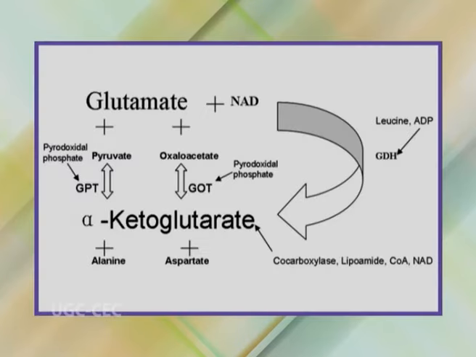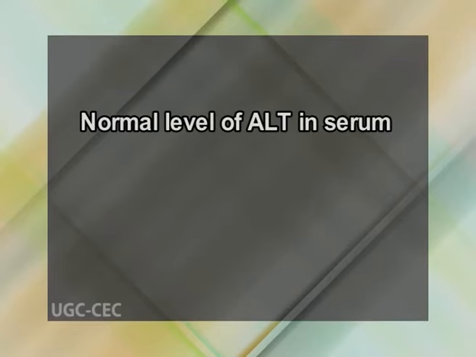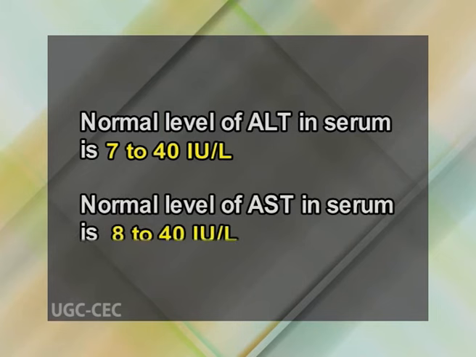First of all, we will see what transaminases are. They are a group of enzymes that transfer the amino group from an amino acid to an alpha keto acid, converting the alpha keto acid into an amino acid. The transaminases that are measured in the liver function test are ALT and AST. The normal level of ALT in serum is 7 to 40 units per liter.